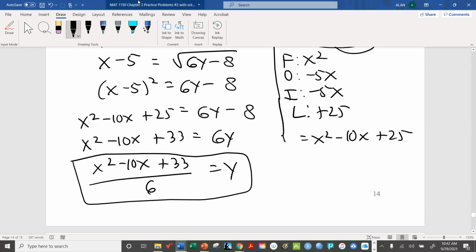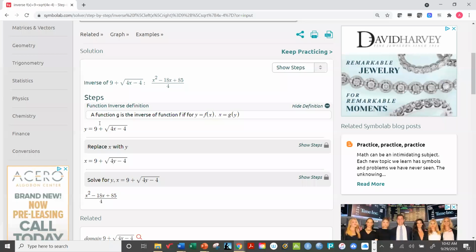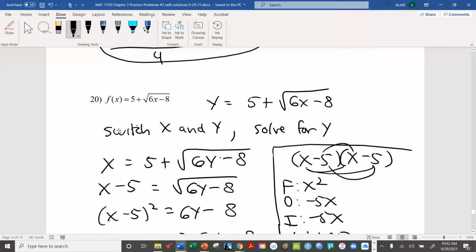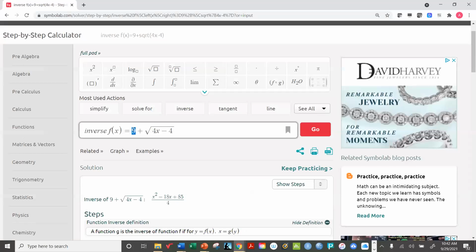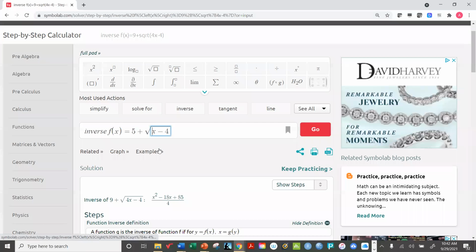All right, so let's keep our fingers crossed. See what Symbolab has to say for itself. Okay, so the function is 5 plus square root of 6x minus 8.